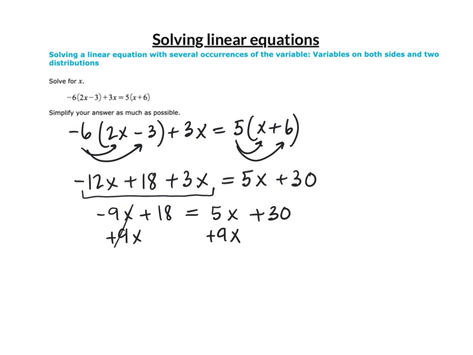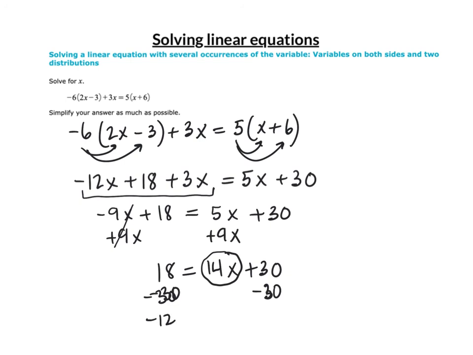So that becomes 0, and we get 18 equals 14x plus 30. We can get the x by itself. First of all, we get the 14x by itself, so we can divide by 14. We'll take a 30 off each side. 18 minus 30 is negative 12.